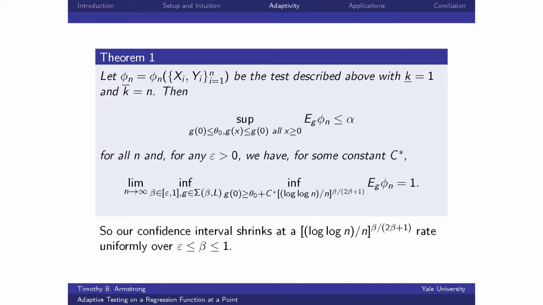So in other words, uniformly over these Hölder classes, the one-sided confidence band is shrinking at the optimal rate. So power is going to 1 uniformly over these classes.